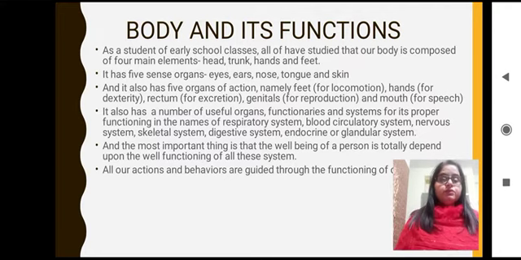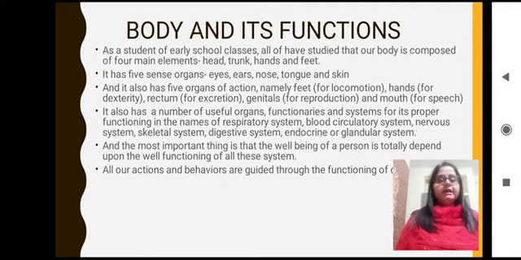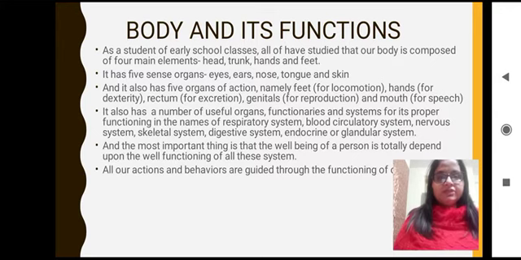We have also discussed that all of us have five sense organs: eyes, ear, nose, tongue and skin. And it also has five organs of action: feet for locomotion, hands for dexterity, rectum for excretion, genitals for reproduction and mouth for speech.